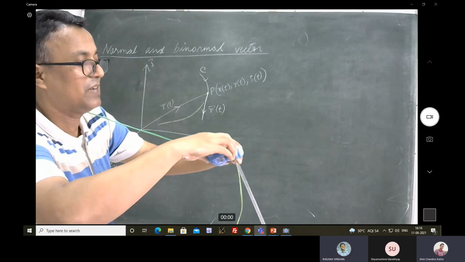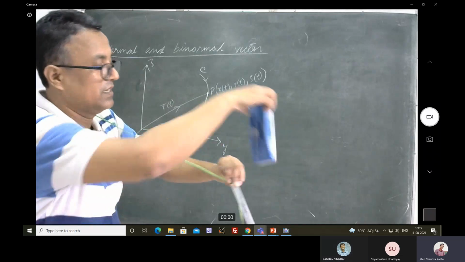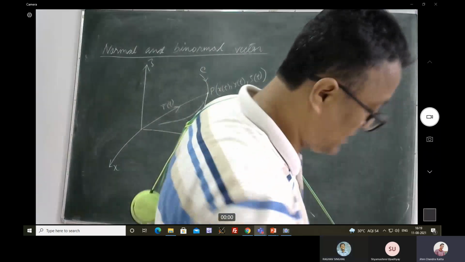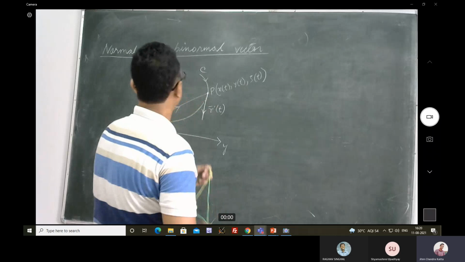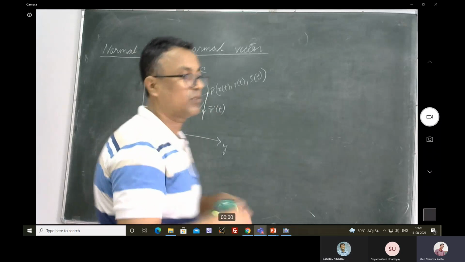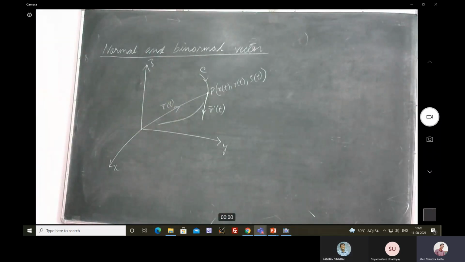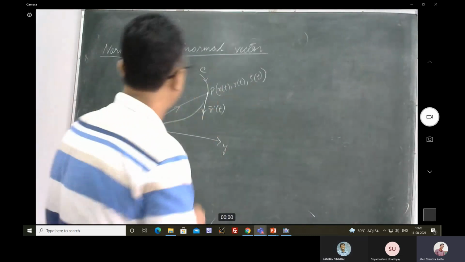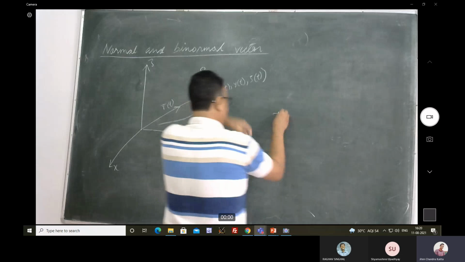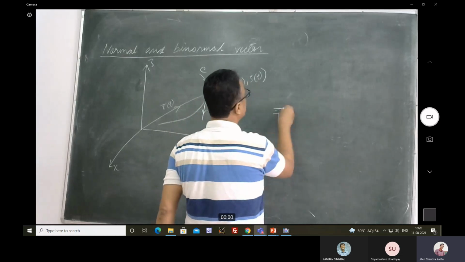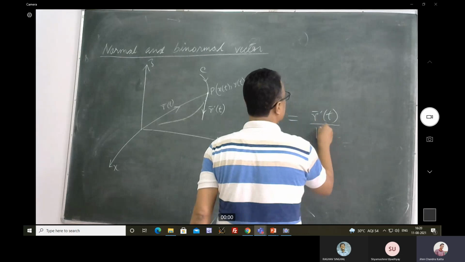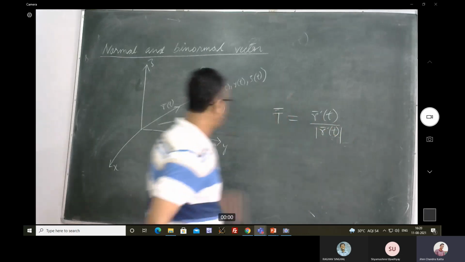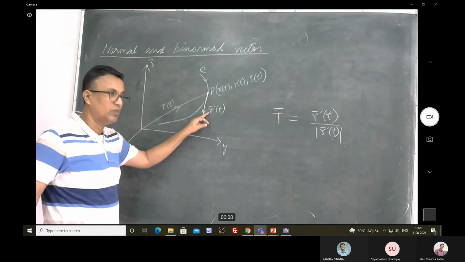Is it okay with everybody what I'm trying to say? Yes, I can have it like this. So there will be infinitely many directions of vectors which will be perpendicular to the tangent vector. But we have already found out that the unit tangent vector T, given by this, is obviously in the direction of r prime.